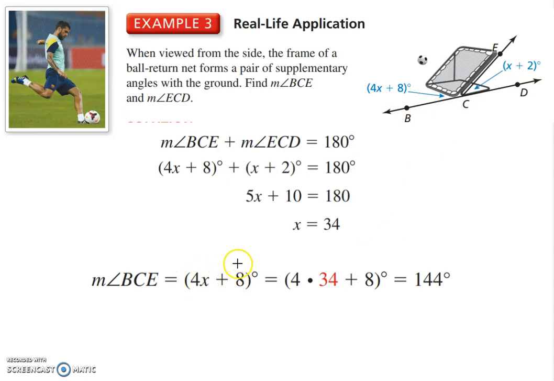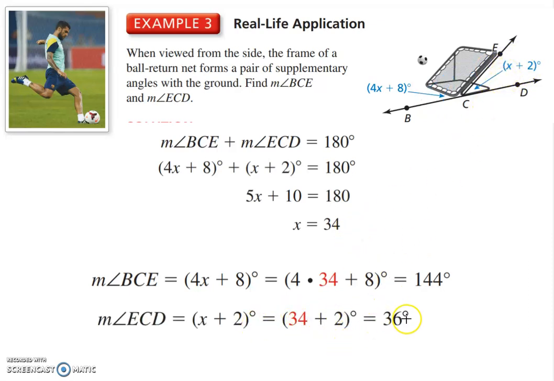Plug that into 4x plus 8. 4 times 34 plus 8 gives us 144. So that angle right up here is 144. This one's going to be an acute angle. Plug 34 in for x here. That one's pretty simple. 34 plus 2 gives us 36 degrees.